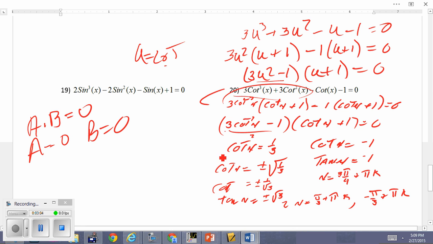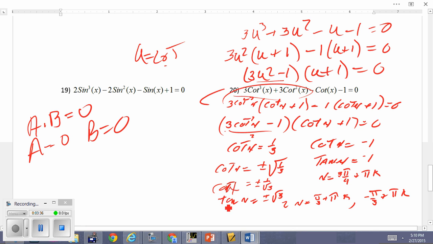Cotangent squared here, then to take the square root, we get the square root of 1/3, and let's not forget that is positive and negative because we're taking the square root. We don't want to lose any of our solutions on that. So cotangent of x equals plus or minus 1 over root 3, which reverts to the tangent, of course, the reciprocal.